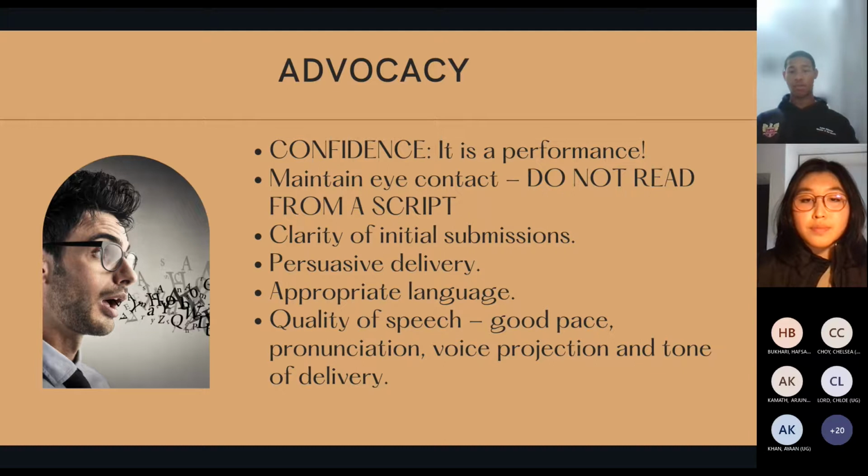Of course, you can go into more detail when you're advocating, but if your submissions are initially very succinct, it's easier for you to speak and elaborate on what you've spoken about. It's also easier for the judge to understand what you're saying, and then there's the persuasive delivery and appropriate language.